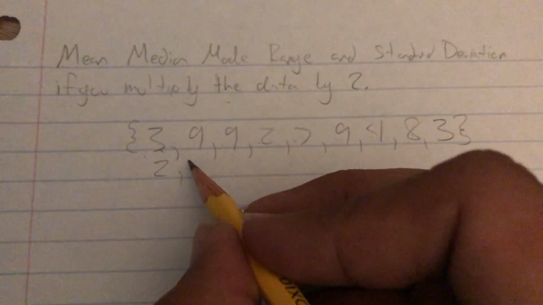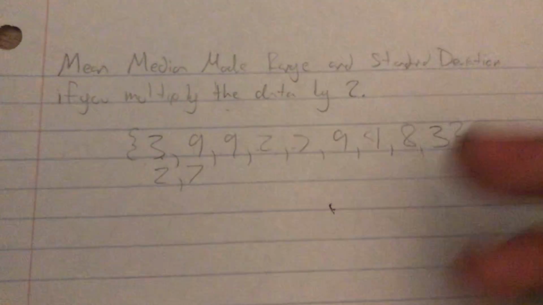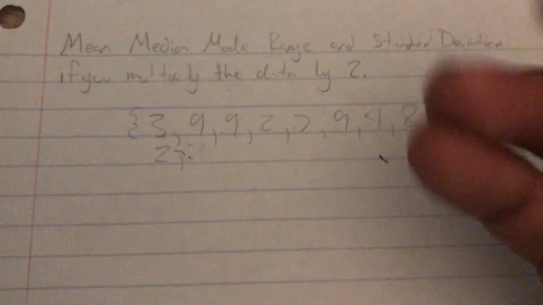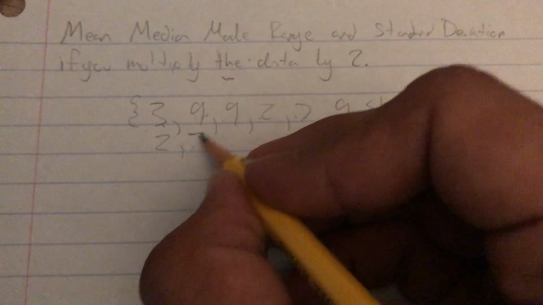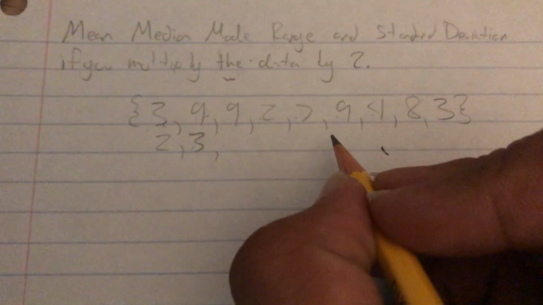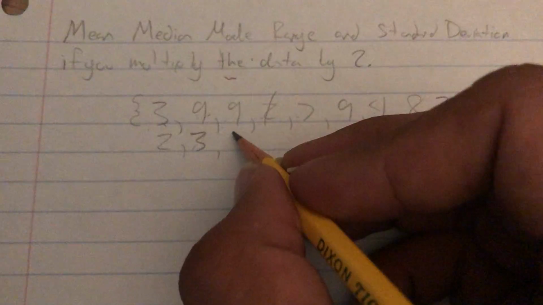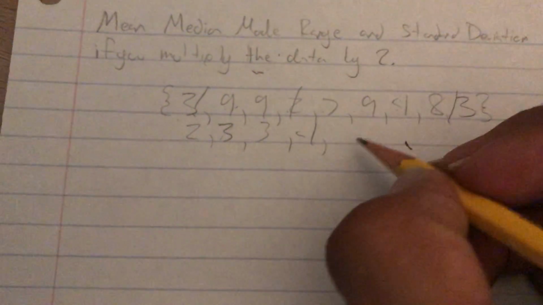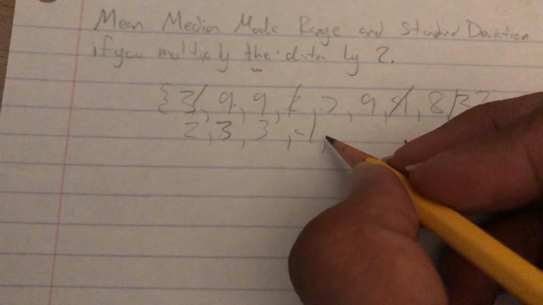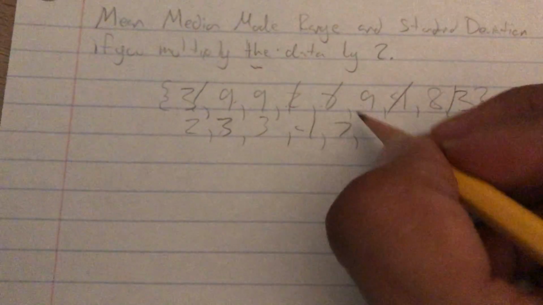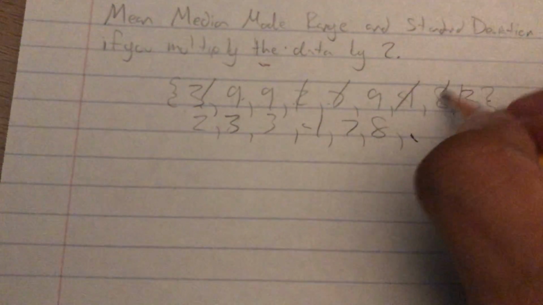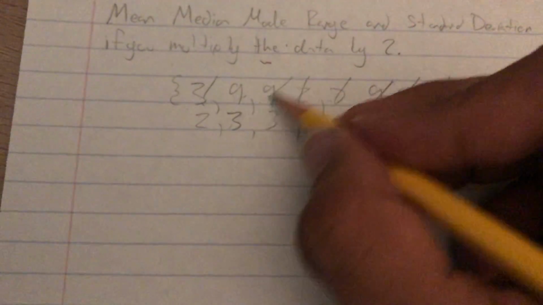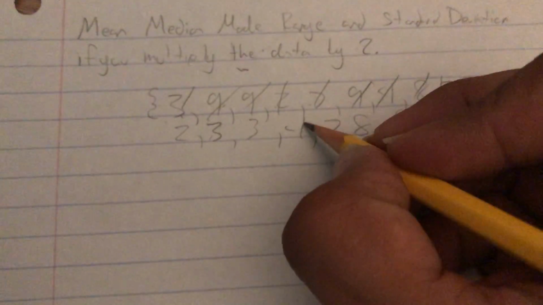So 2, 3, 3, another 3, 4, 7, 8, 9, 9, 9. Okay, so here's our numbers.